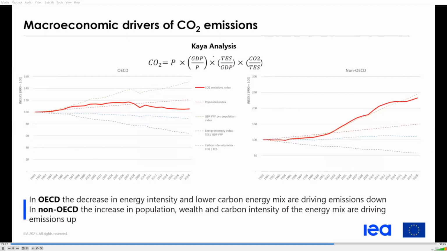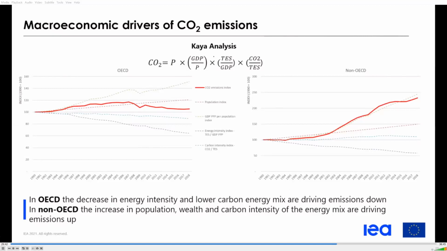As illustrated in the graph on the left, among the OECD, decreasing the energy intensity of the economy alongside lower carbon intensity of the energy mix have been driving the emissions down.